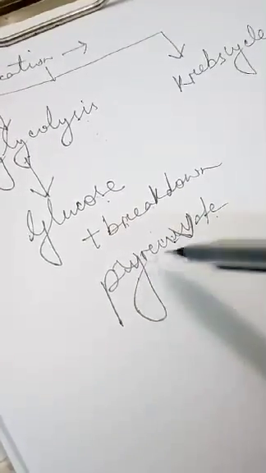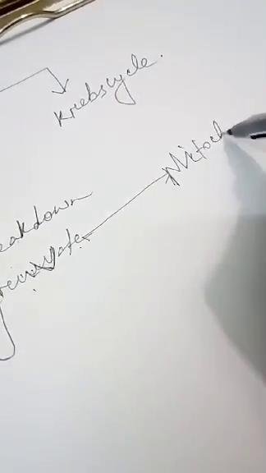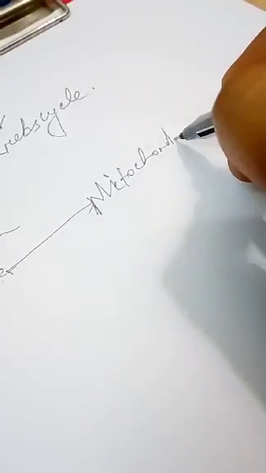After this, pyruvate enters the mitochondria of the cell. You know what mitochondria is, I have taught it in the lesson on the cell.